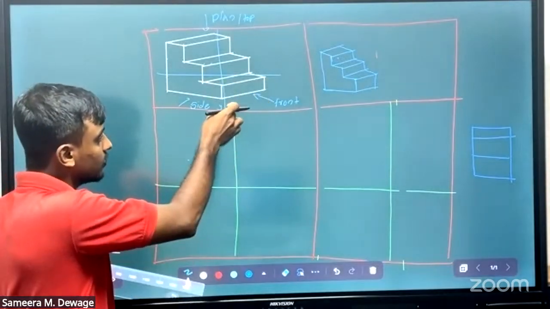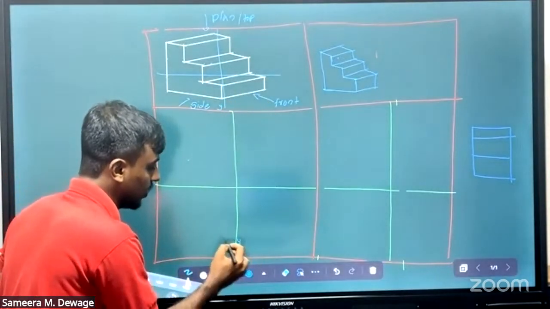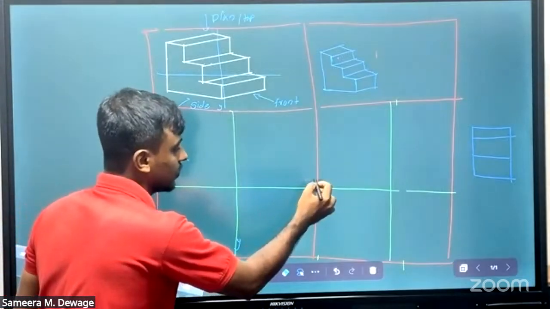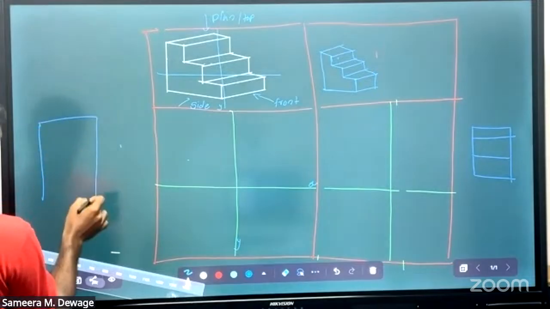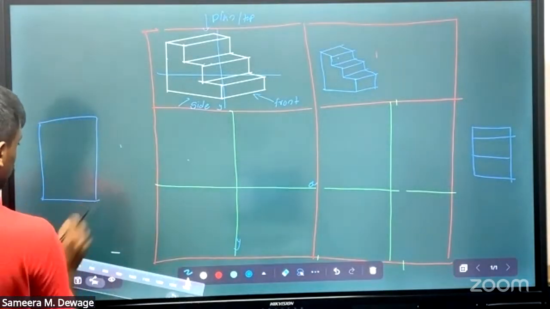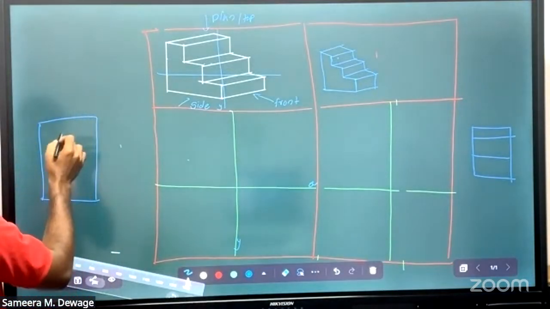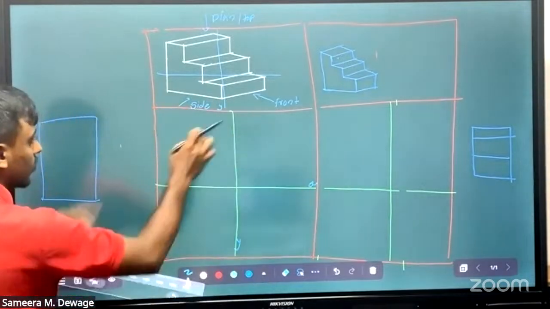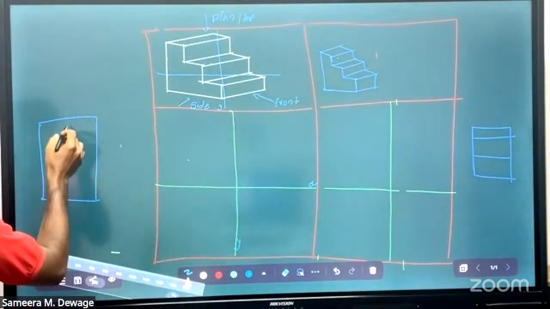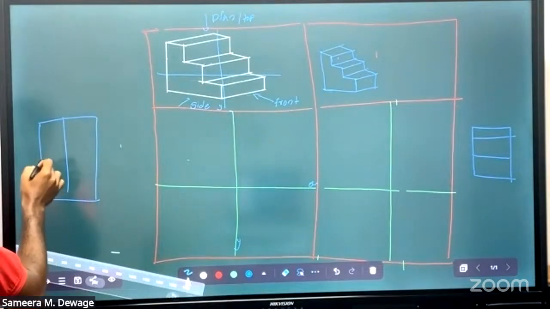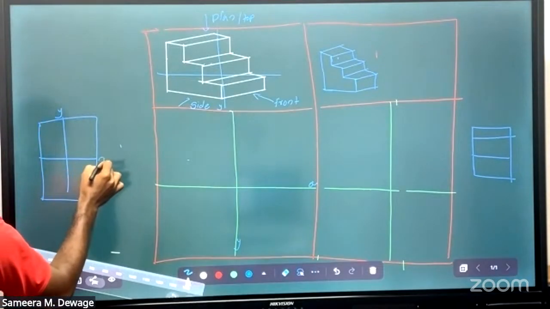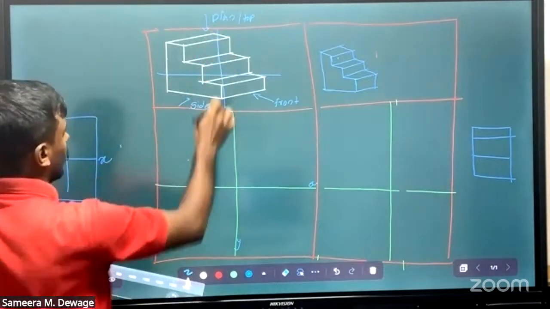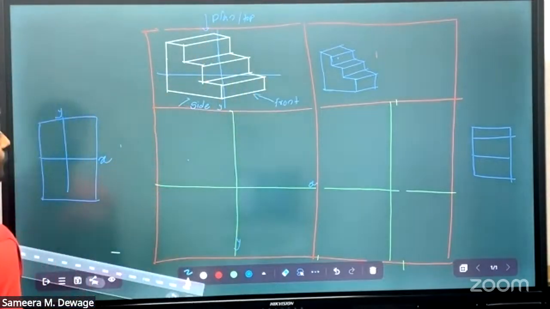Assume this line is y and this is x. This is your graph paper. What you need to do is divide like this, and this is your y and this is your x.